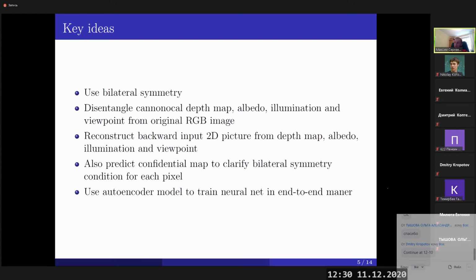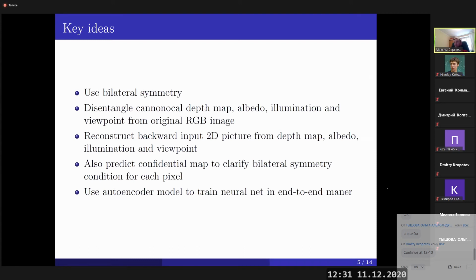It's an encoded transformation which can transform canonical instances of depth map, albedo, and illumination into the observed image. So our goal is to recover canonical instances of depth map, albedo, and illumination, and recover a viewpoint that encodes information about how these canonical instances can be projected into the original RGB image.